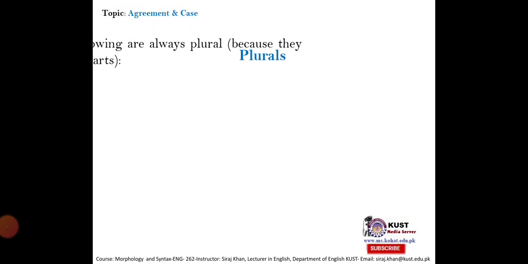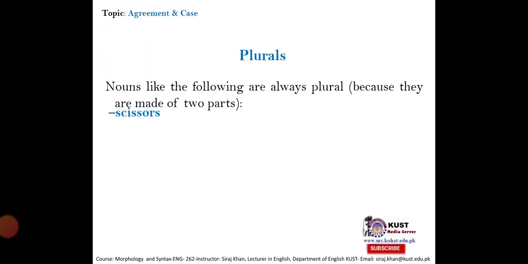In the plurals, nouns like the following are always plural because they are made of two parts, like scissors, tweezers. I bought a pair of scissors.